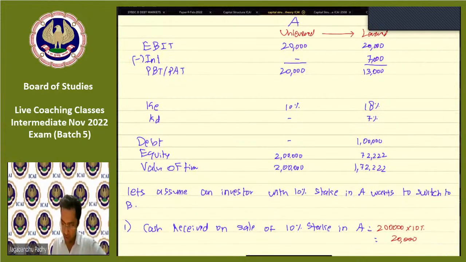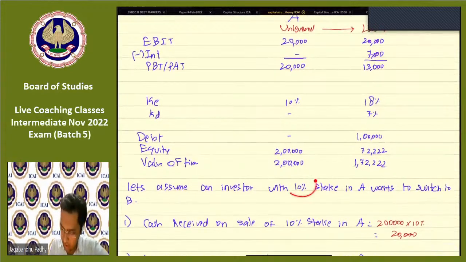When he sells his 10% share in A, he will get 10% of this 2 lakh, so 2 lakh into 10%, that's 20,000. So the cash that we receive on sale of the 10% stake in A is 20,000.